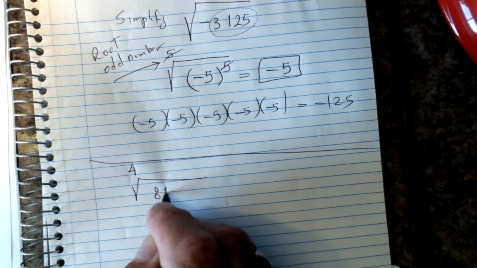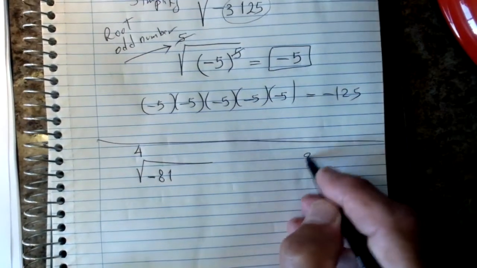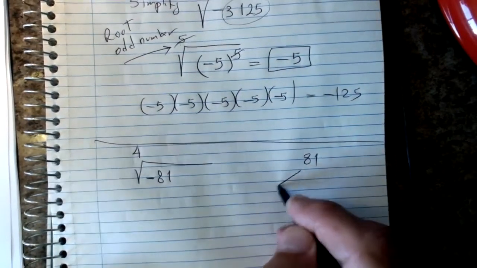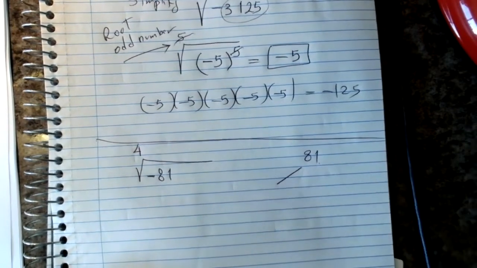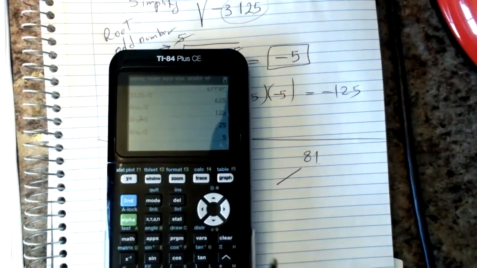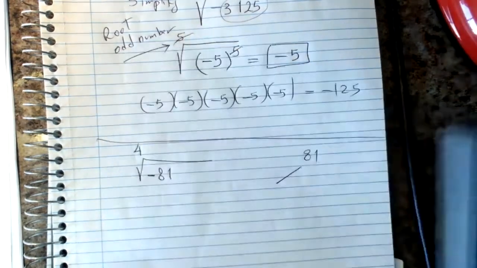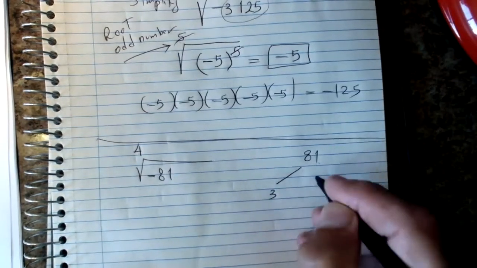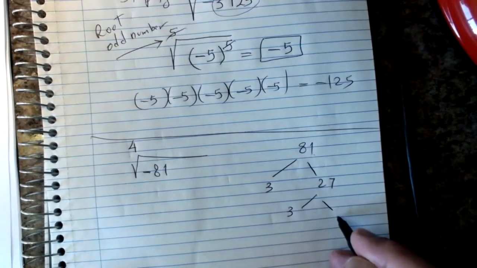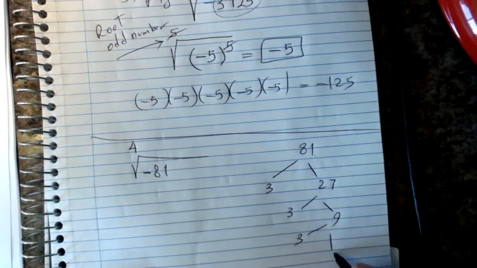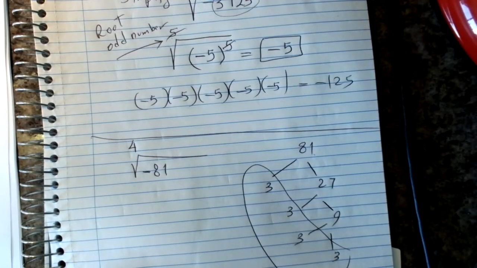Hmm. 81, let's break 81. 81 divide by 2 doesn't divide. By 3. What is 81 divided by 3? It's 27. Divide by 3 again. Divide by 3 again is this. Okay?